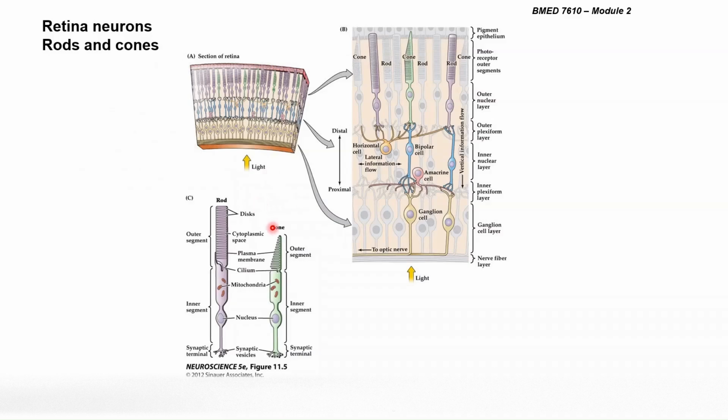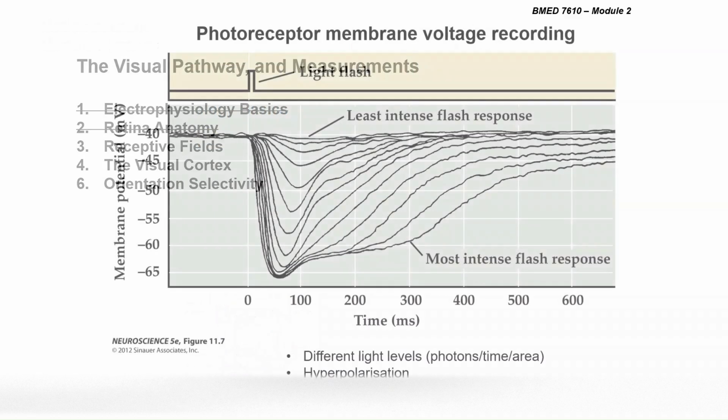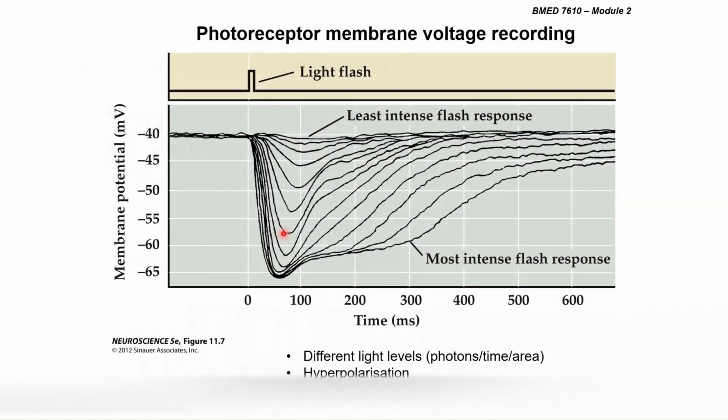Cone and rod have different features. Cone is better for daylight and specialized in color, and rod is for low light situations, where they see black and white.